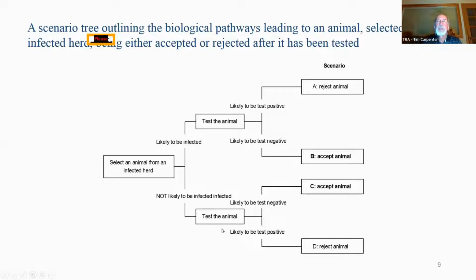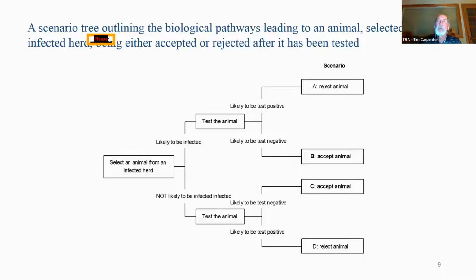In either case, step one would be, you would be testing the animal. It could either be, if it's infected, it would be positive or negative, and that would be dependent on the sensitivity of the test. If the animal is truly infected and tests positive, then you would truly or accurately reject that animal as being infected.